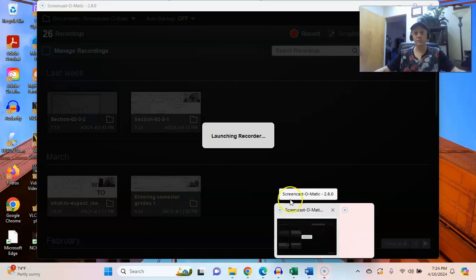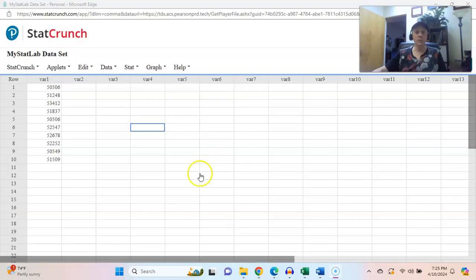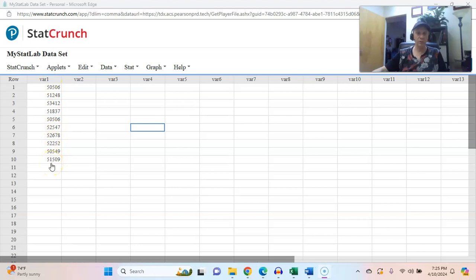When I opened that homework problem, it opened StatCrunch for me, and it had those 10 numbers in this list. Whenever you open your homework, of course, it's going to generate a new list of numbers, so your numbers will be different from mine.